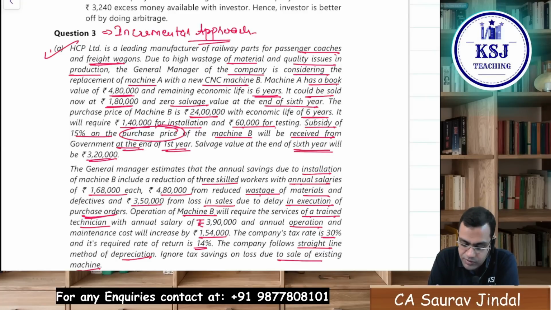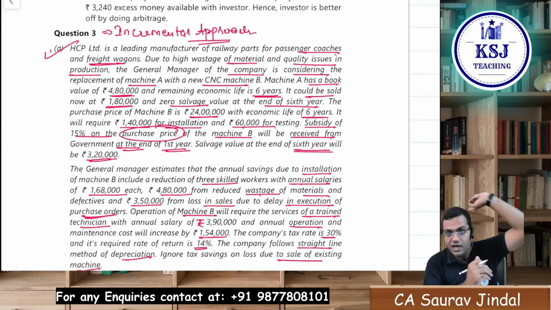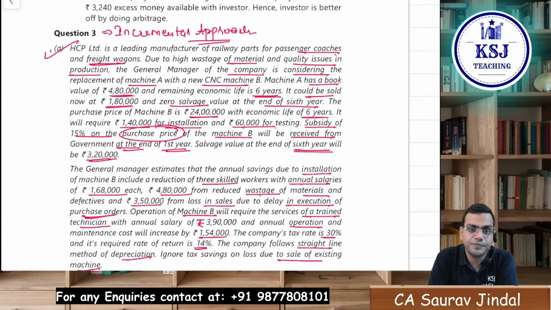For old machinery, what do we have? Do you have the original value of old machinery? No, sir. Do you have any cash inflows related to the old machinery? No, sir. We only have that if we go for the new machinery, what will be the savings? What will be the incremental or additional cost? So this question is to be solved by the incremental approach. This is a replacement decision question of capital budgeting.